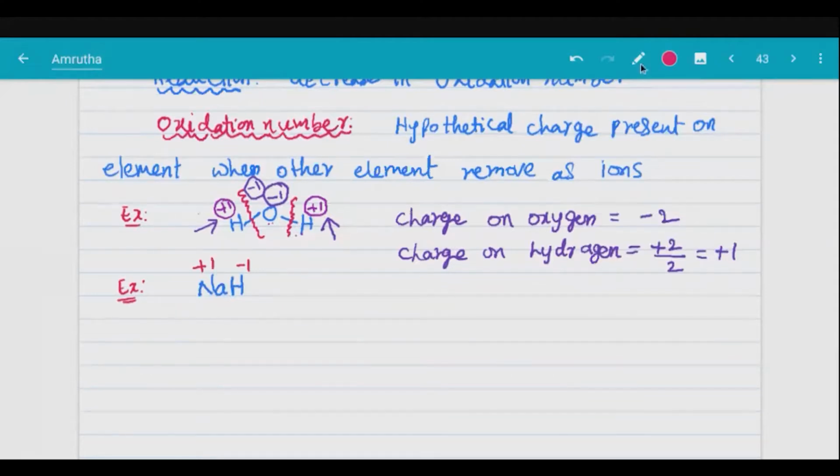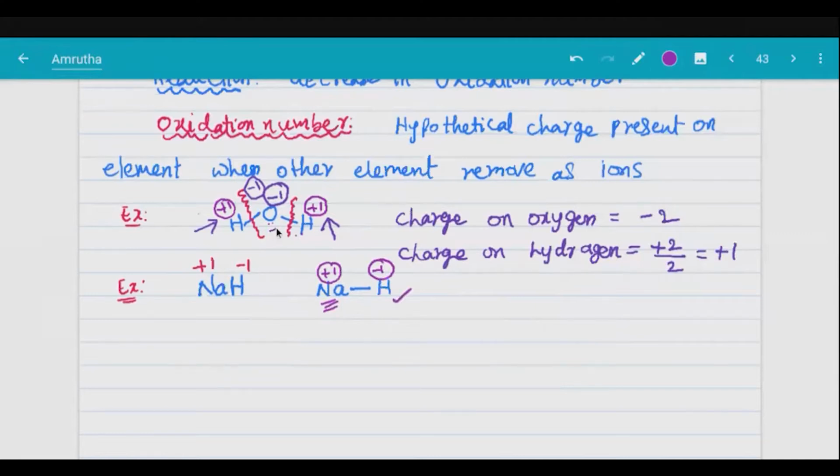Sodium is an electropositive metal, and compared to sodium, hydrogen is more electronegative. That is why it is plus 1 in one case and minus 1 in the other. Metals are more electropositive, so when hydrogen connects with a metal, hydrogen is minus 1.